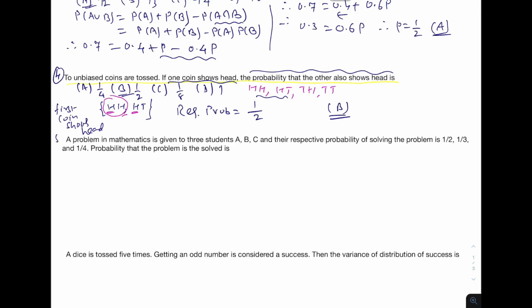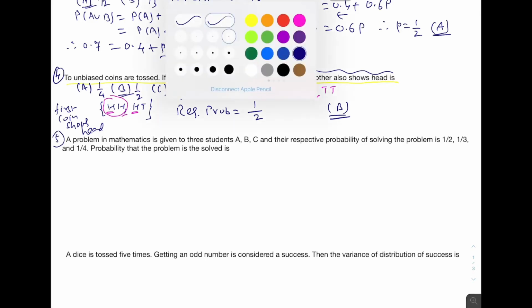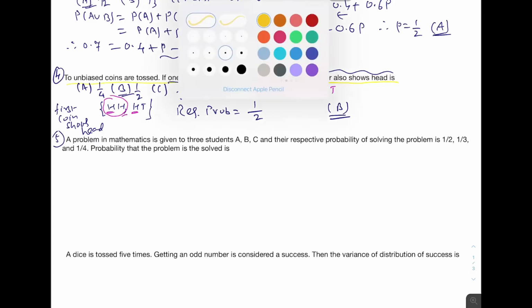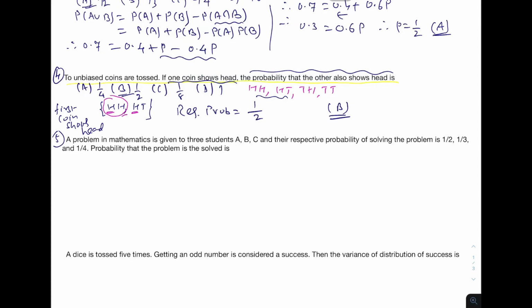Next, let us see. The question is a problem in mathematics is given to 3 students A, B, C, and their respective probabilities of solving the problem are given as 1 by 2, 1 by 3, 1 by 4. The question is the probability that the problem is solved is.